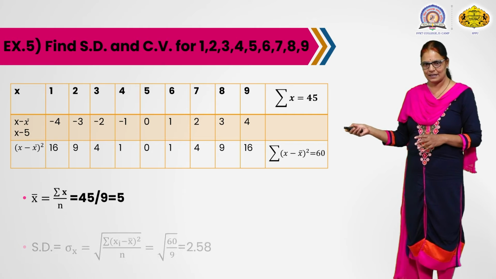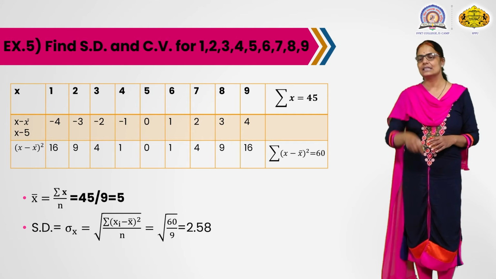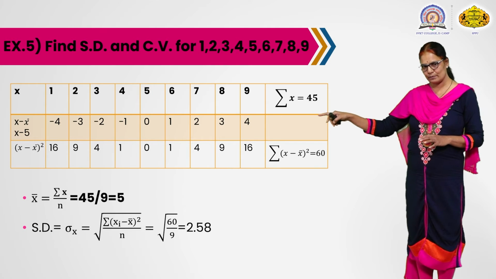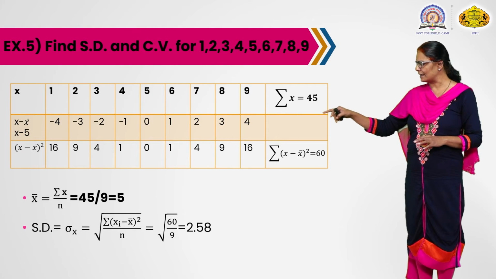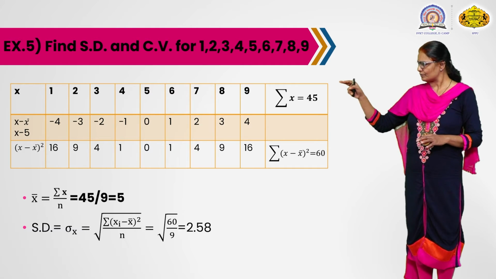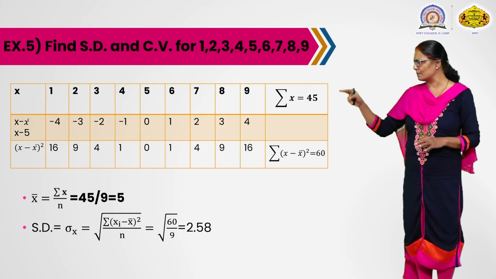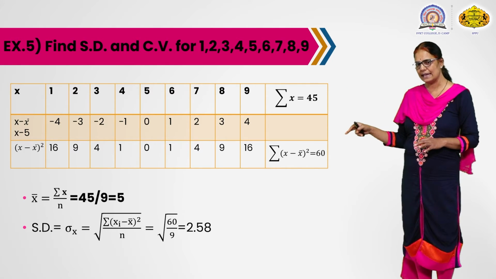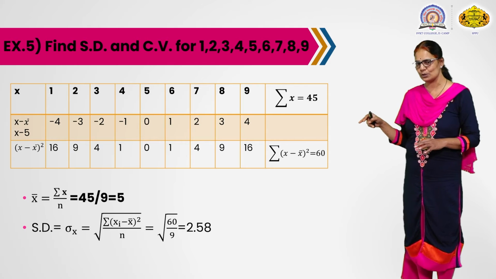So, I just write here the formula. See the last line, the formula is mentioned here. Standard deviation, sigma x, equals the positive square root of the summation of xi minus x bar, bracket squared, total divided by n. Here n is the number of observations.